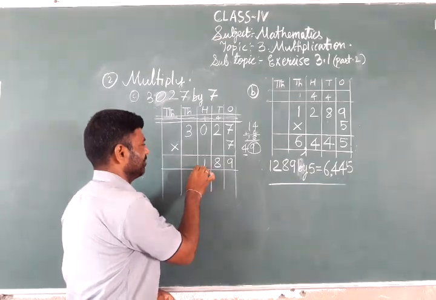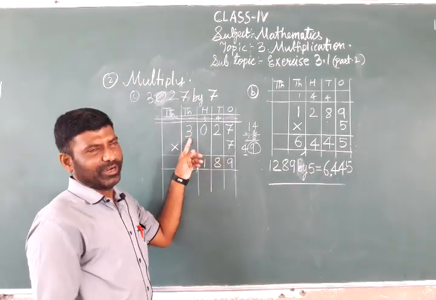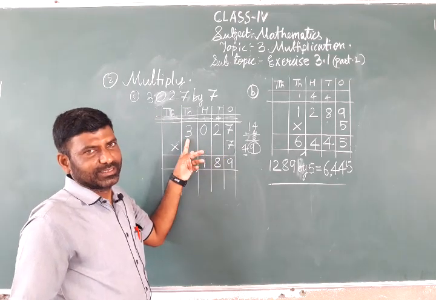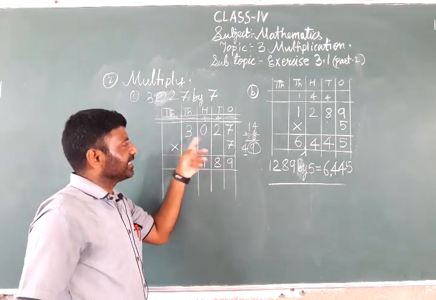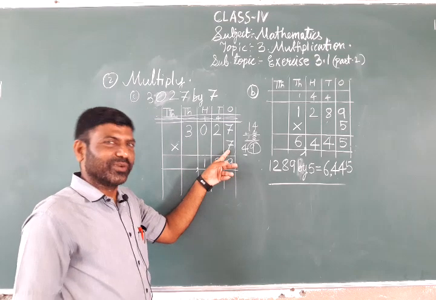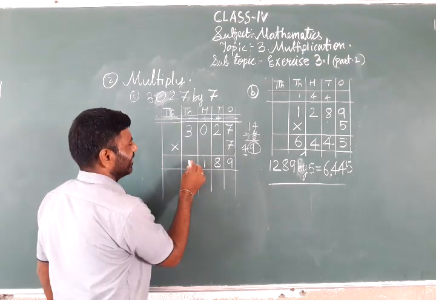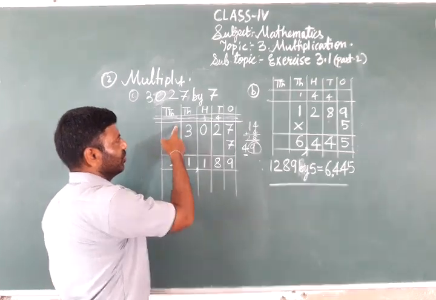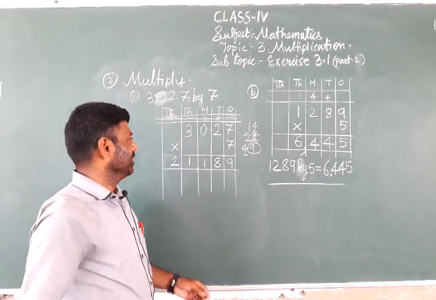Now next digit. 7 3s, only one digit remains, the thousands place digit. 7 3s are 21 or 3 7s are 21. So write 21 because there are no more digits. Right.